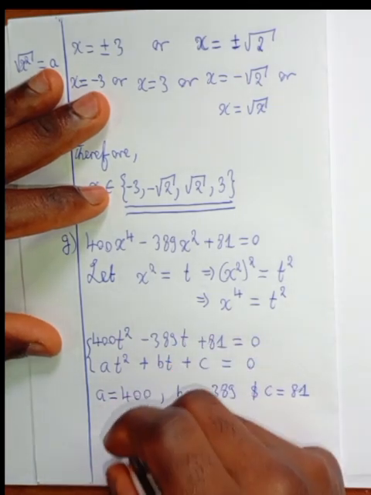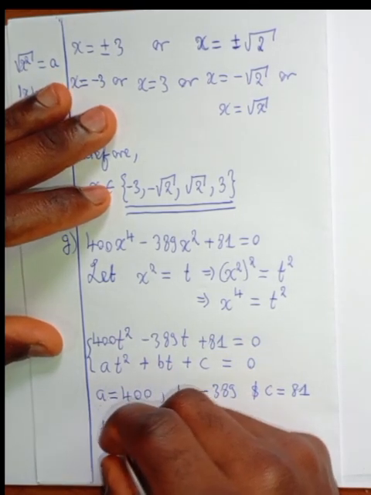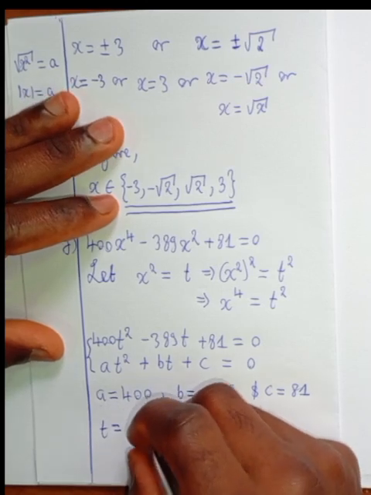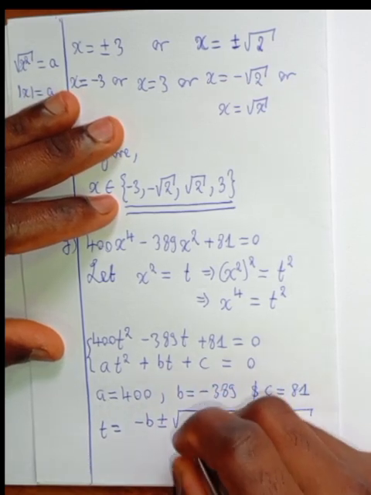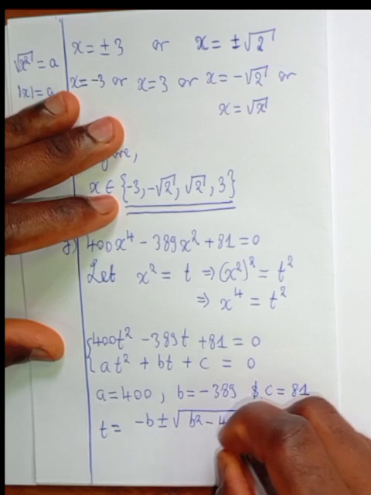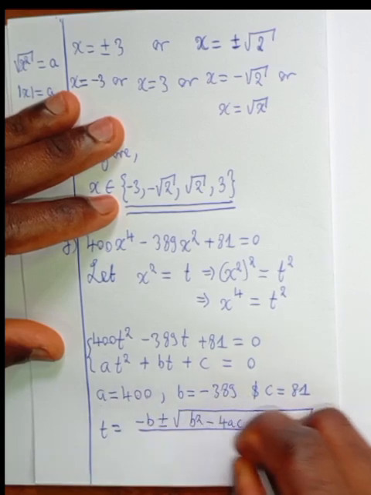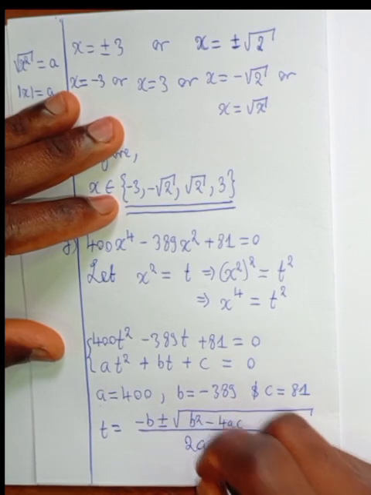By making use of our formula method, we know t will be equal to negative b plus or minus the square root of b squared minus 4ac. We divide all this by 2a.